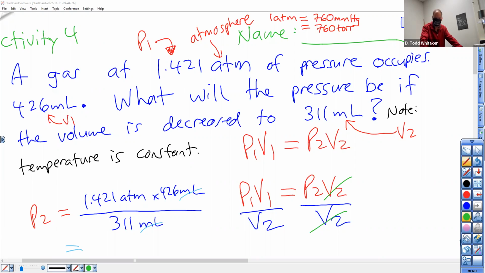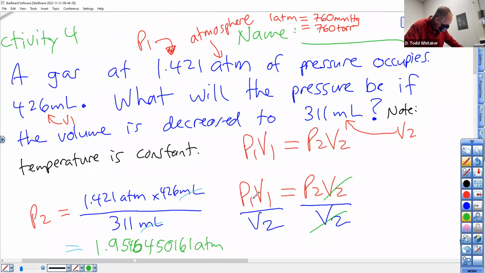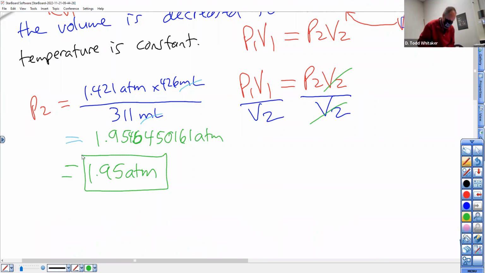I'm not writing any answer that's not above 1.4. 1.95464. 1.95161 ATM. We okay over there where you went wrong? Yeah. Okay. And then I think we're looking for 3 sig figs here. 3, 4, 3. I just want 3. 1.95 works for me. No surprise, pressure went up because you shrunk your container.